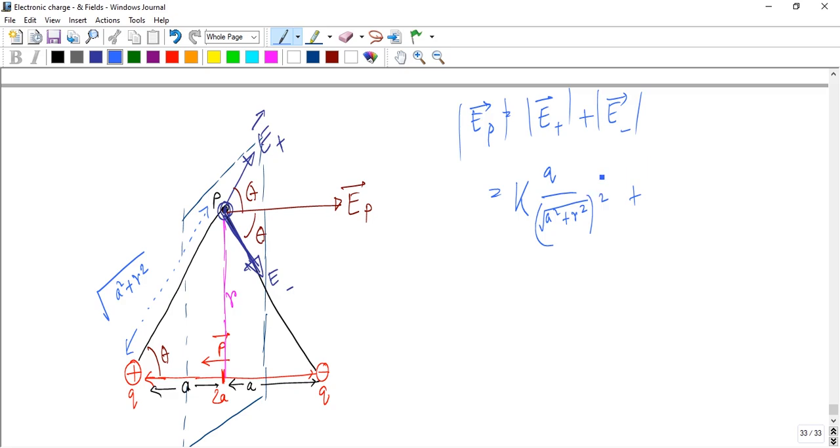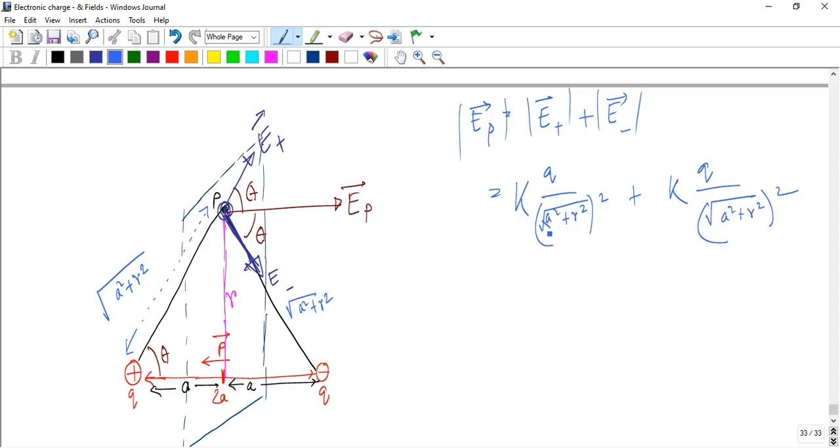We consider only the magnitude, so we ignore the direction here. And E minus is the same, KQ by R square. This is the equilateral triangle, so that is A and that is R. Applying the Pythagoras theorem, the hypotenuse equals root over A square plus R square, whole square.